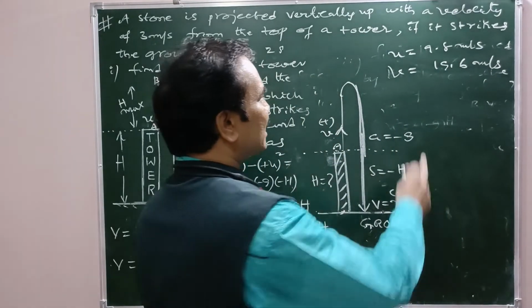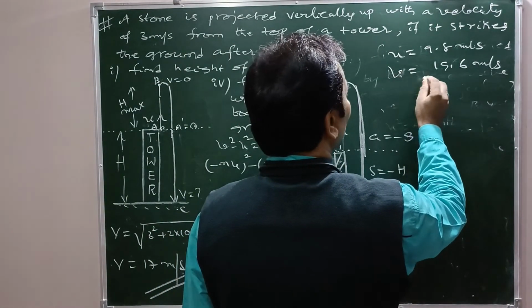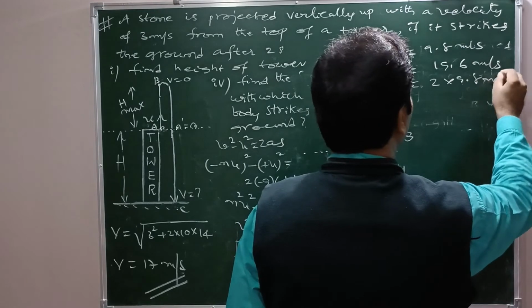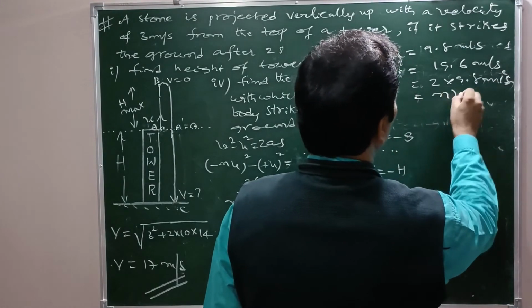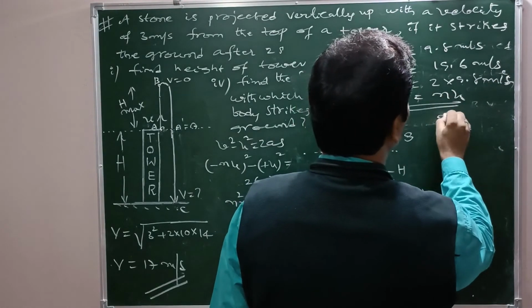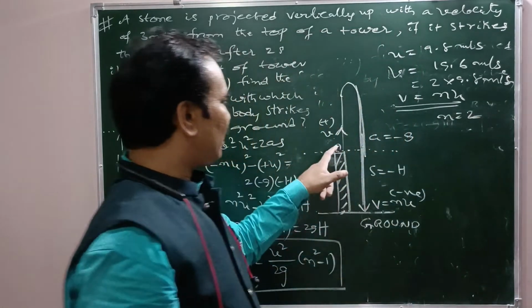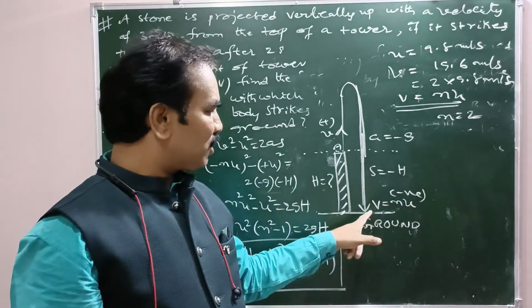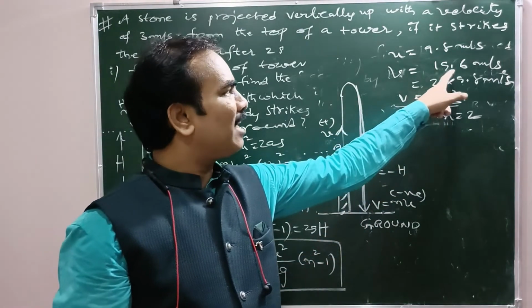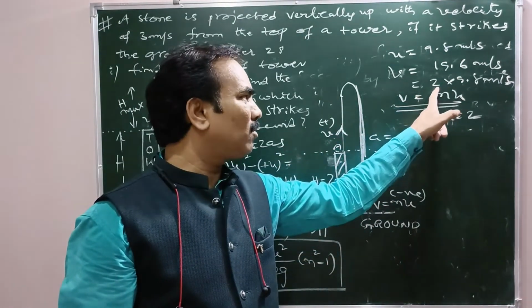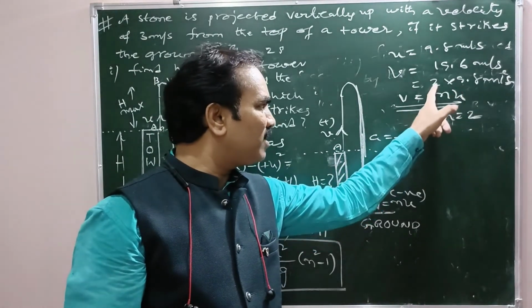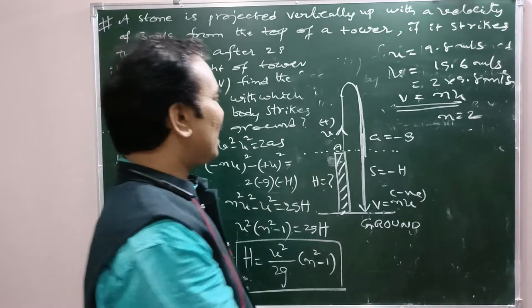The same can be written as 2 into 9.8 meter per second. v equal to n times u, so n equal to 2. At the point of projection the velocity is 9.8, and it strikes the ground with 19.6, which is twice 9.8. So v equal to n times u, n means 2.